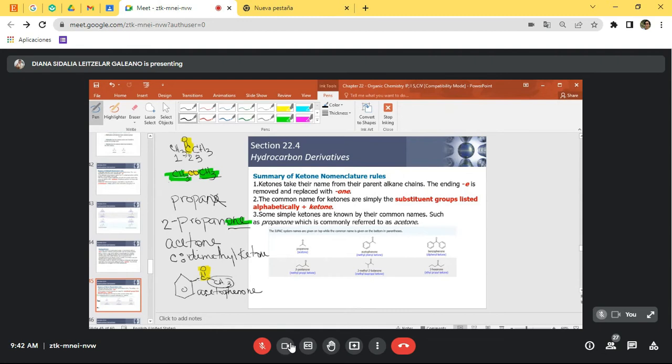The name of this substitute is, a ver, Raulito. ¿Cómo se llama? The one circle.